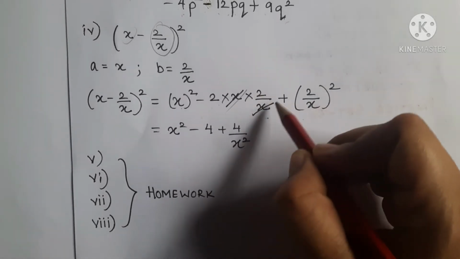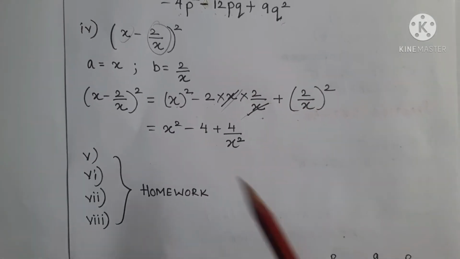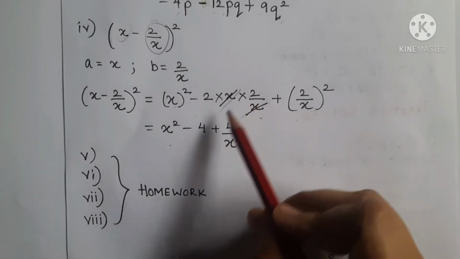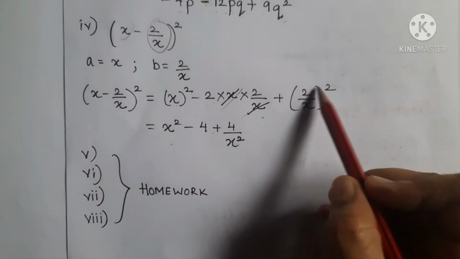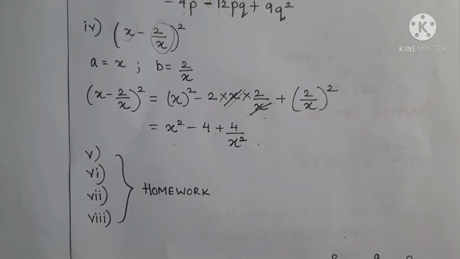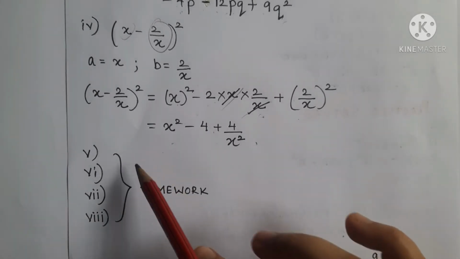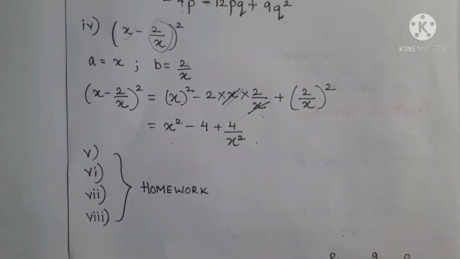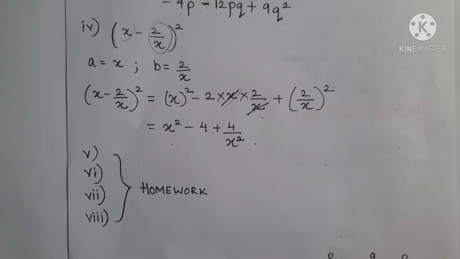Okay, so the x's get cancelled. Therefore, x square minus 4 plus 4 upon x square. So, 5th, 6th, 7th and 8th you do for homework. Okay, next.